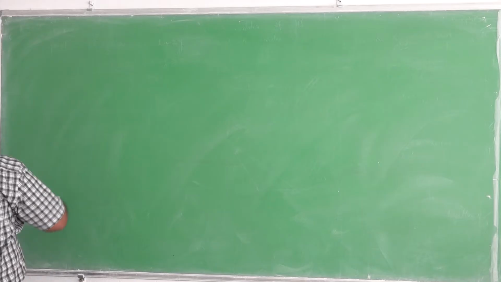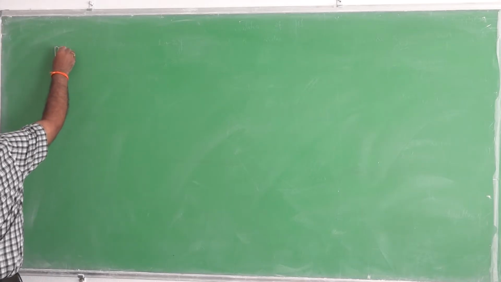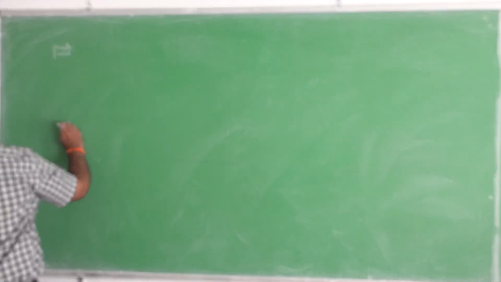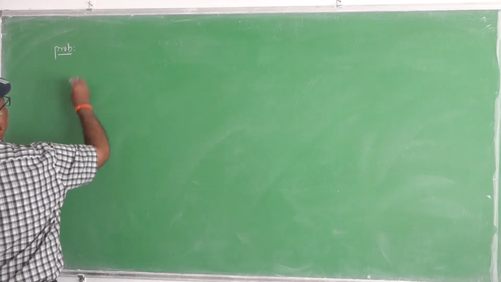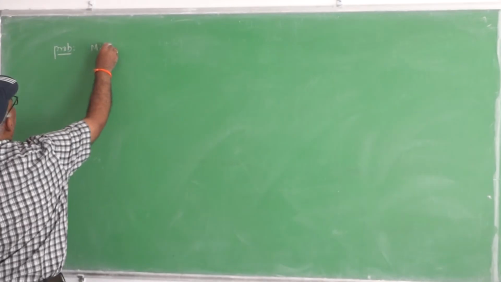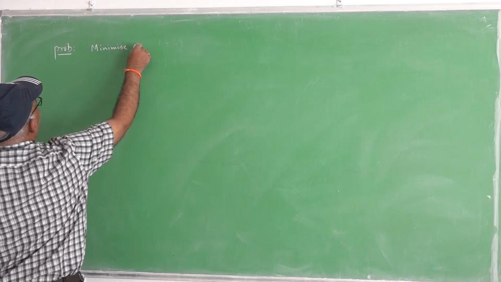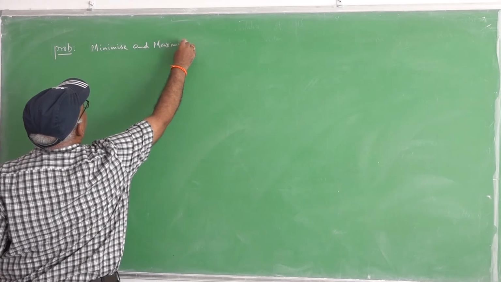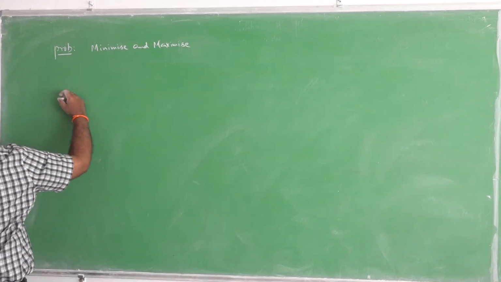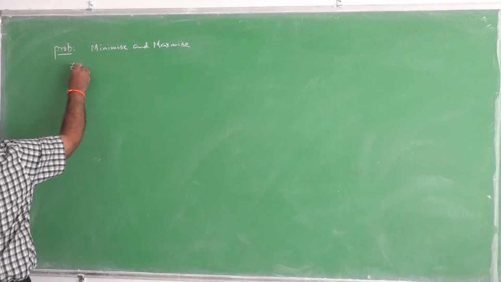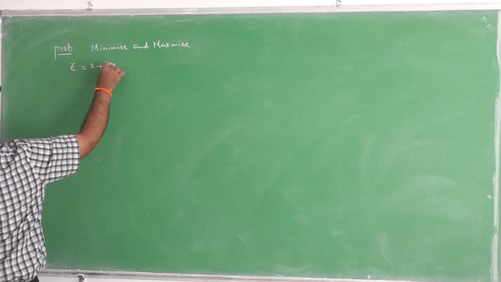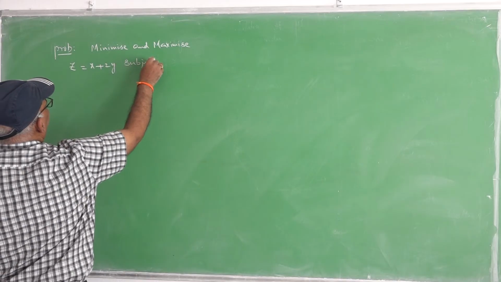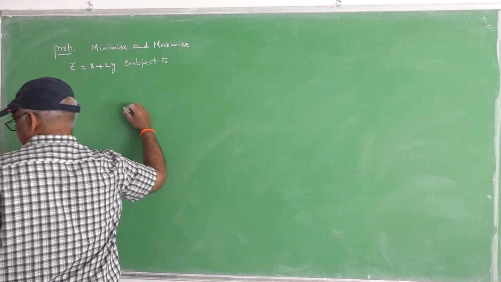Let us take the 8th problem in exercise 12.1, the eighth one. Minimize and maximize z equal to x plus 2y, subject to the constraints.